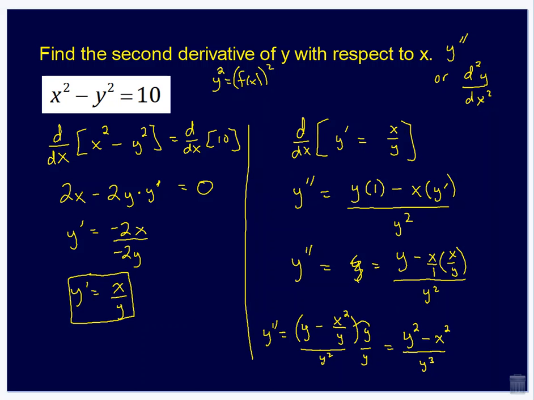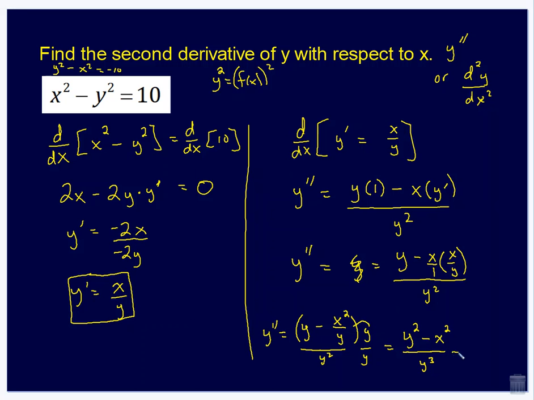So maybe you noticed that in the original equation it was told to us that x squared minus y squared equals 10. But in my second derivative, I have y squared minus x squared, which is very similar, but just the opposite of the given expression, x squared minus y squared. In fact, if I just multiplied both sides of the given equation by minus 1, it would produce positive y squared minus x squared equals negative 10.